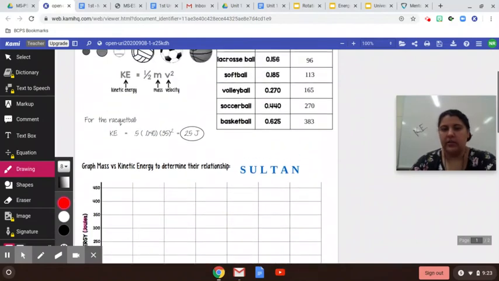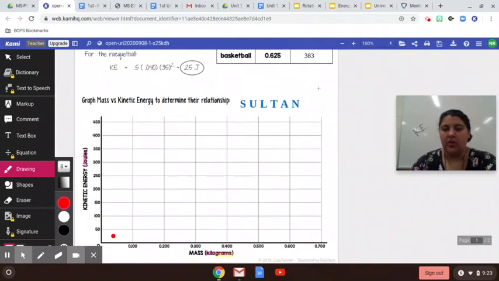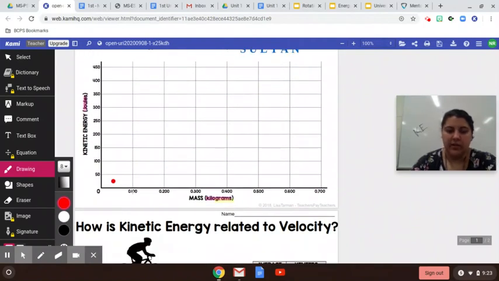Okay, now let's look at the next one. The next one, we have 0.156 kilograms with 96 joules. Okay, so 0.156. So 0.1 is here. Okay, 0.156, 0.15 is going to be right in the middle. So it's going to be pretty close to the middle. Right about here is going to be 0.156.